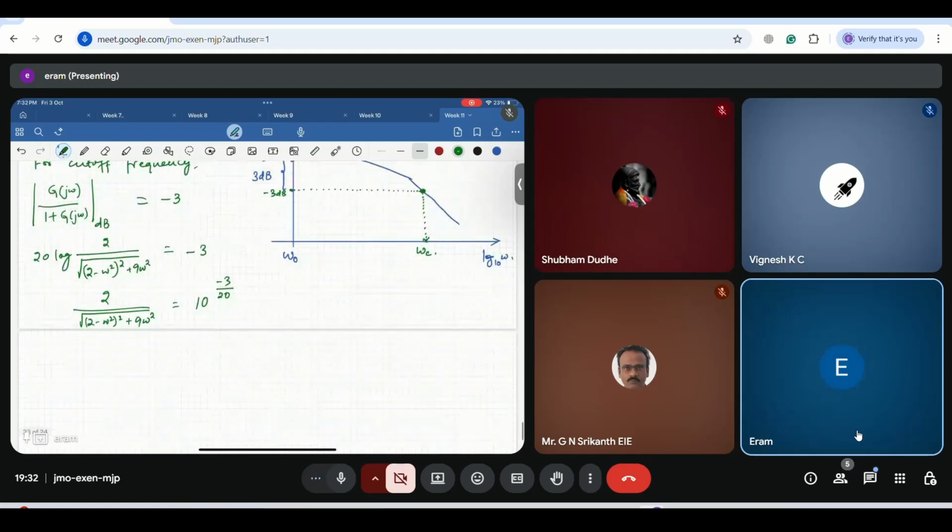What value will you get? 10 to the power minus 3 divided by 20 is 0.7079, so you can take 0.708.